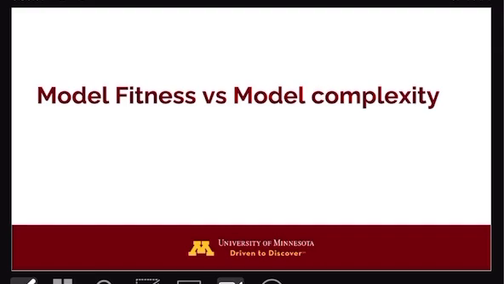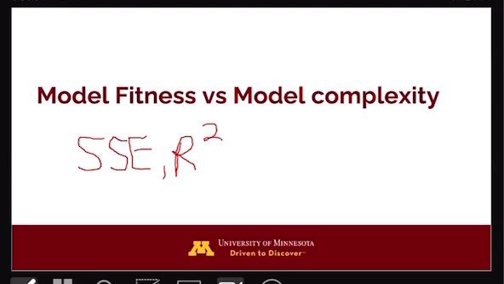In model fitness, there are two criteria that we use: sum of square error and R squared. Sum of square error and R squared are the metrics of evaluation for model fitness.